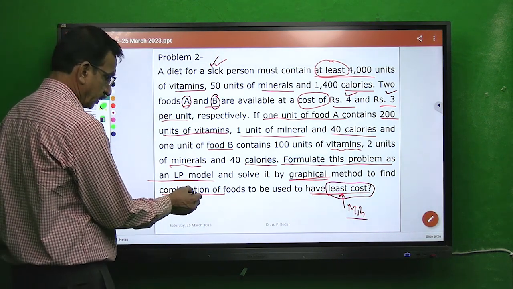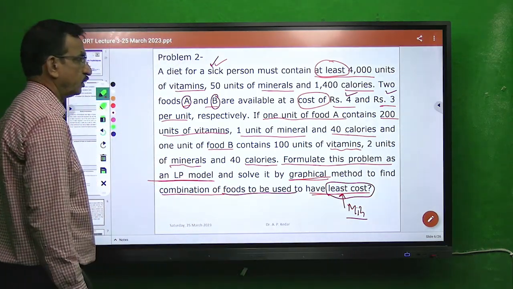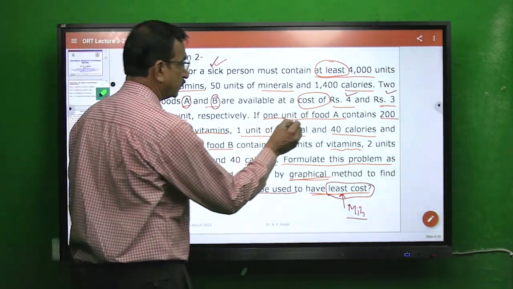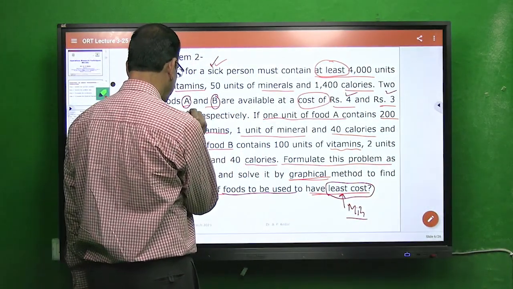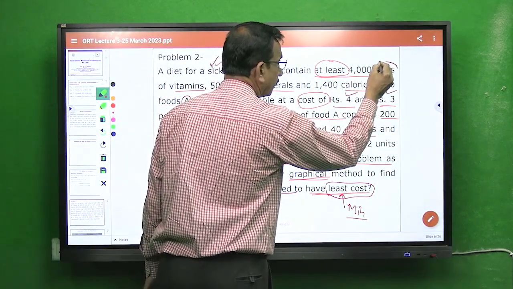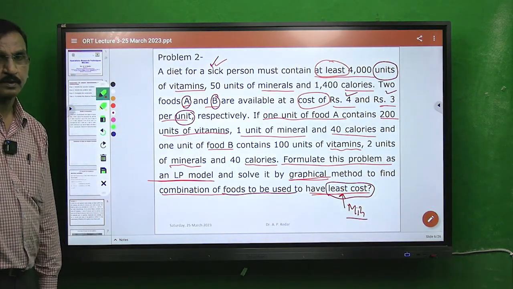What is asked here is the combination of foods to be used, and he is talking in terms of units, per unit.